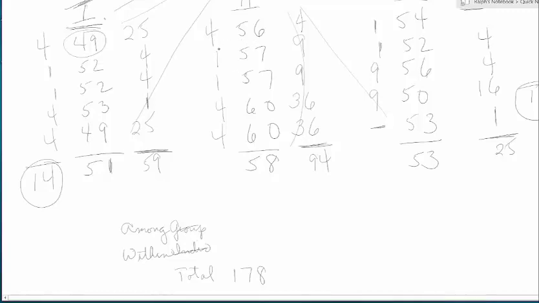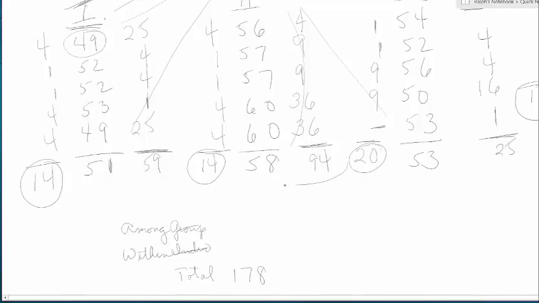You have 4 and 1 is 6, 6 and 4 is 10, 10 and 4 is 14. So likewise, the within sum of squares within group 2 is 14. What about group 3? So we see the 1 and 1 is 2, and 9 is 11, and 9 is 20. So the total within sum of squares in group 3 is 20.